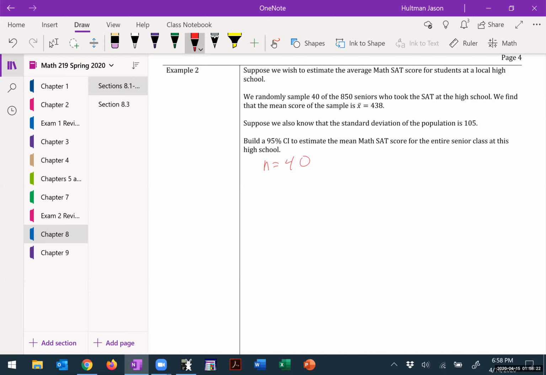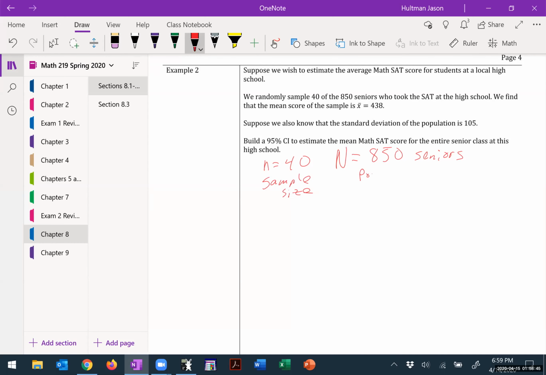Out of the 850 seniors, that's my entire population. See, here I know what the entire population is. The entire population, or big N, is 850 seniors. Okay, 40 seniors is my sample. This is my sample size.